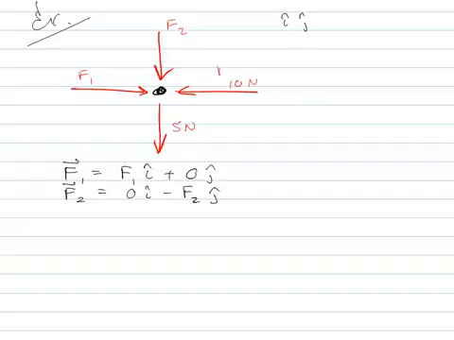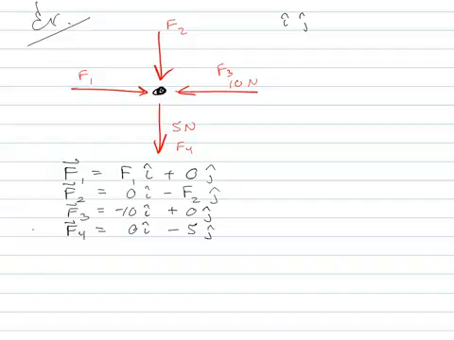Let's call this one F3 and F4. So F3 is in the negative I hat direction, so minus 10 I hat plus 0 J. And F4 is entirely in the negative J hat direction, so 0 I hat minus 5 J.